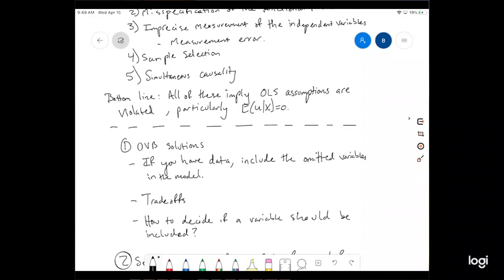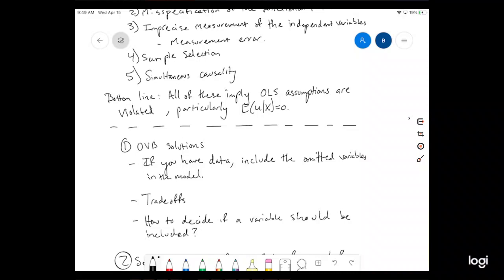There are of course additional omitted variables that we might not have data on, so we need more complicated methods to deal with that. Those more complicated methods are something that you would learn in a graduate econometrics class, or maybe 435 if you go on.